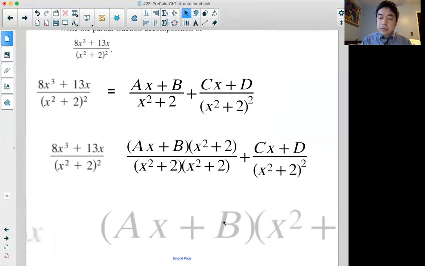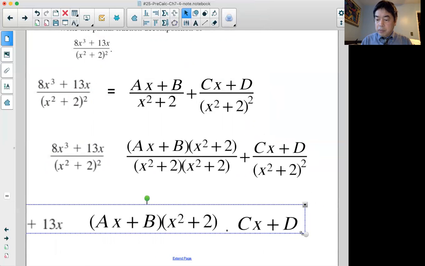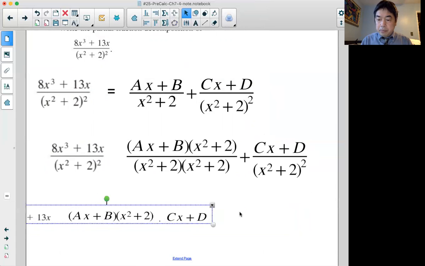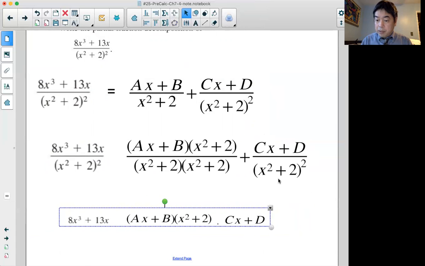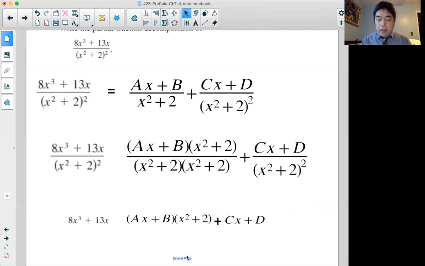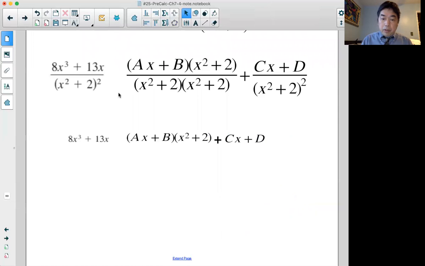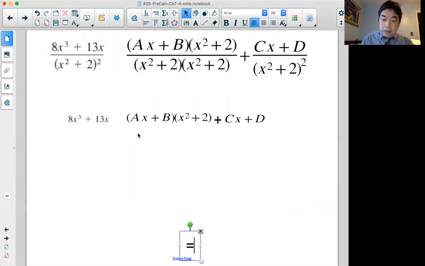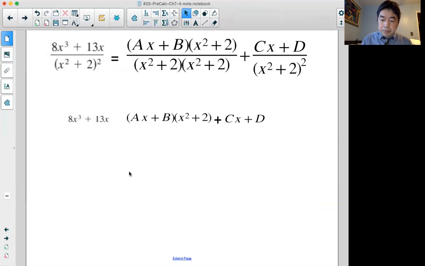Now this upper part shows up. As you can see the plus sign, I will add the plus sign. I forgot the equal sign too, sorry, so I put the equal sign here. Now we can solve for this.